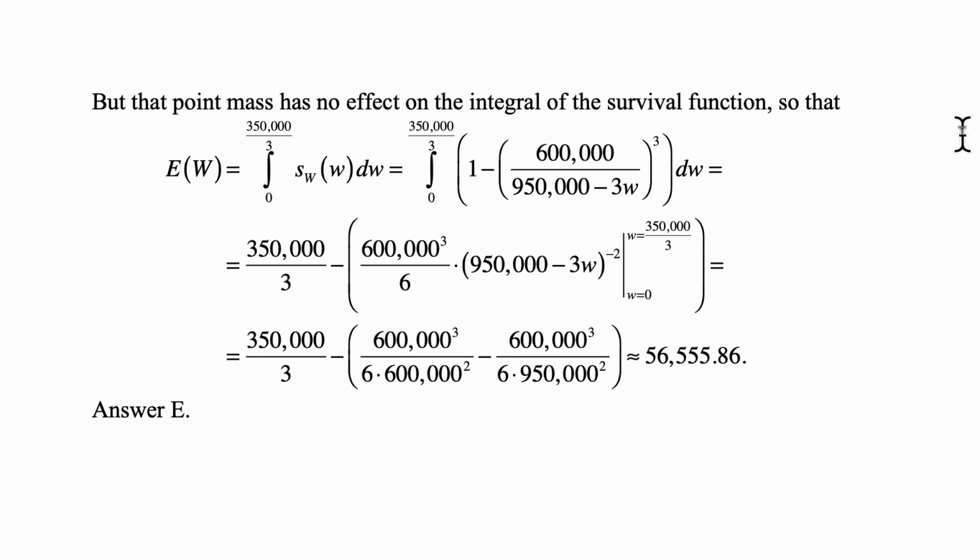Okay, so this becomes 350,000 over 3 minus the difference of the values of this function that we're calculating at w equal to 0 and w equal to 350,000 over 3, and that's 600,000 cubed over 6 times 1 over 600,000 squared minus 600,000 cubed over 6 times 1 over 950,000 squared. We calculate all that and we get approximately 56,555.86, which is answer E.